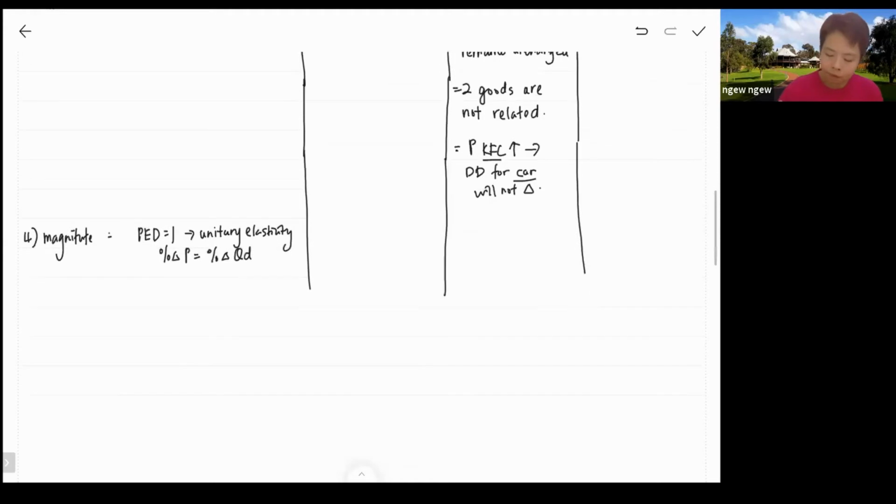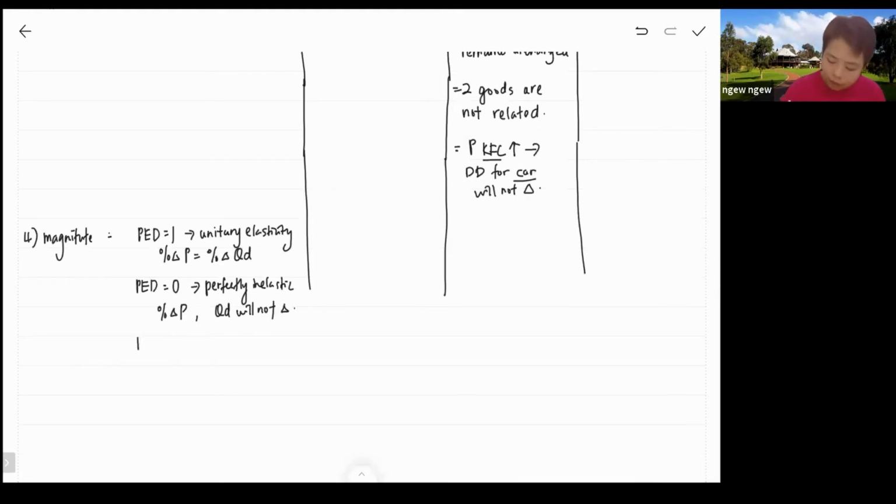Okay, and when PED equals 0, this is perfectly inelastic demand, where no matter what happens to the percentage change in price, QD will not change.